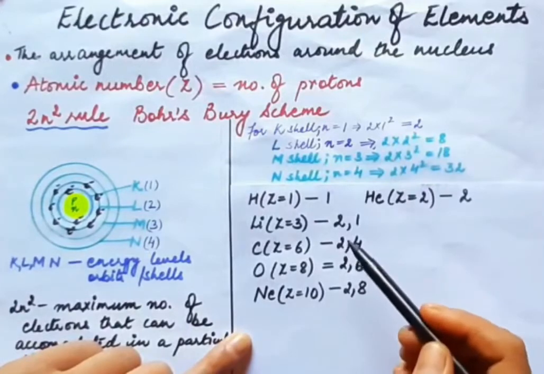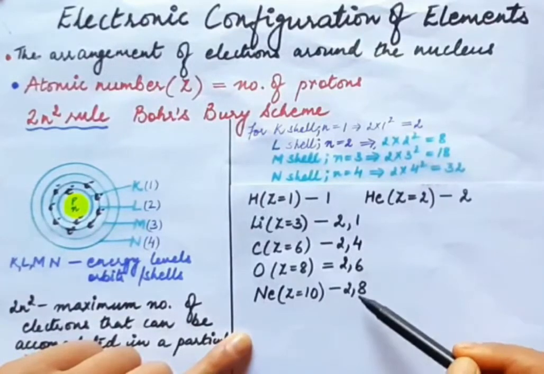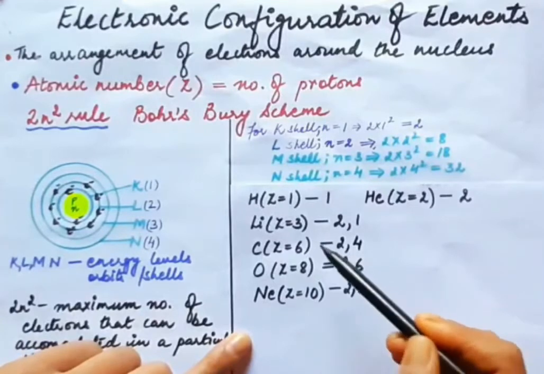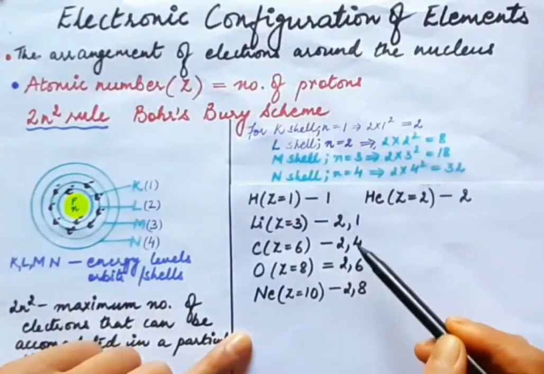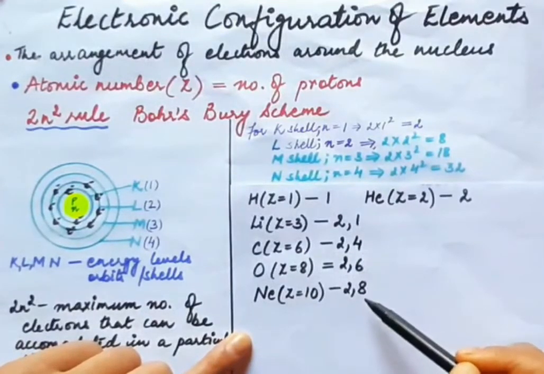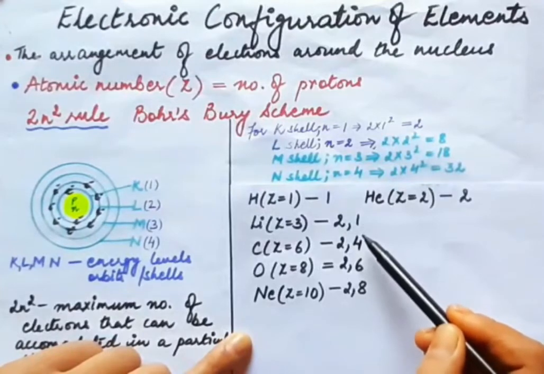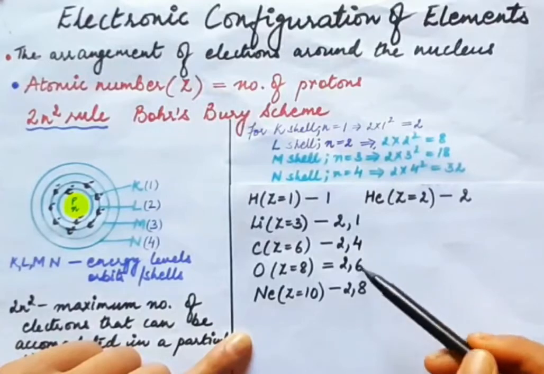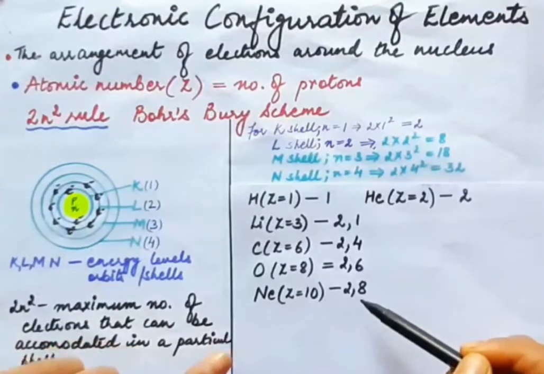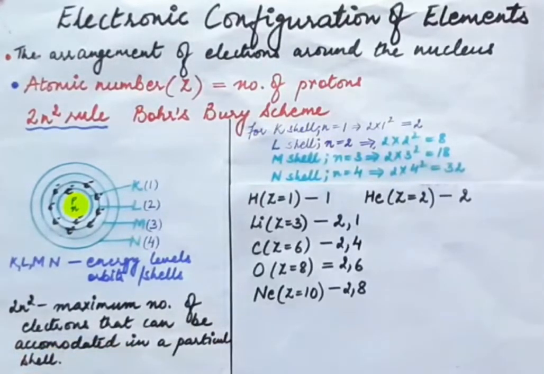Now if you see, when you move from lithium to neon, although I have not written all the elements here, a general trend is seen that the first shell has the same number of electrons, that is 2, but the second shell has the electrons from 1 to 8. So when we move from lithium to neon, the electronic configuration becomes stable. That is why neon is an inert gas.